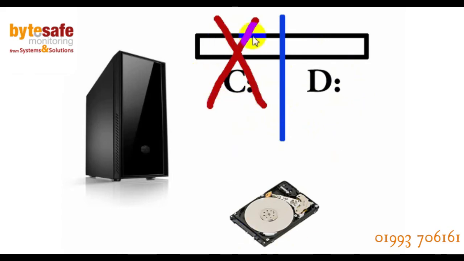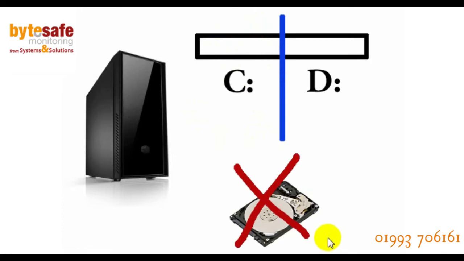This kind of thing tackles problems with infection and OS corruption, things like driver problems, software problems, all that kind of stuff. But if something happens to the actual drive itself, then both partitions are affected. So it basically is obsolete. The backup that you thought you had in place is not working.